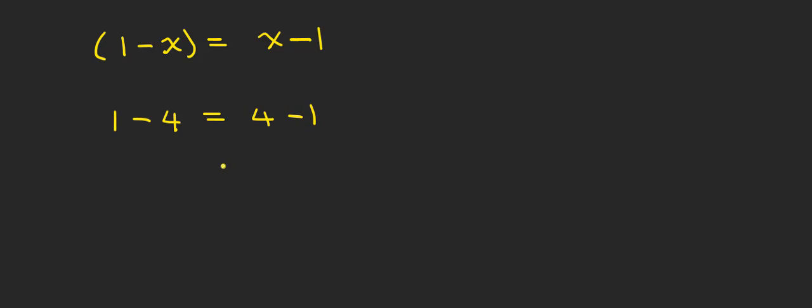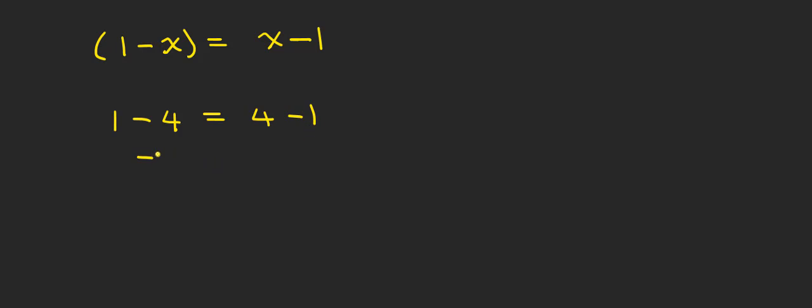Before we talk about the next example, let's review. If you have the quantity 1 minus x, and if I want to change the order, is this the same thing as x minus 1? It's not. For example, let's say you have 1 minus 4. Is that equal to 4 minus 1?